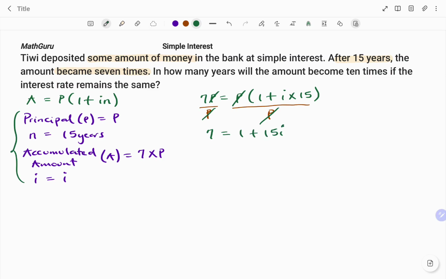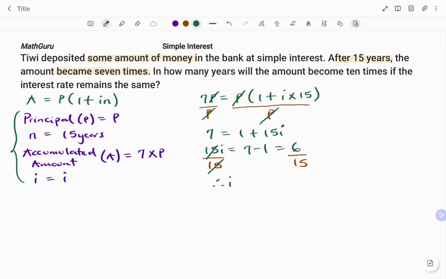So on my left-hand side, I'm left with 7 equals 1 plus I times 15. That's 15I. If I take out 1 from both sides, I have 15I equals 7 minus 1, which is 6. Then I'm going to divide both sides by 15 using the balance method. 15 and 15, 1.